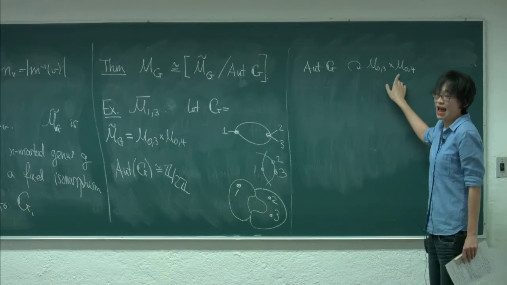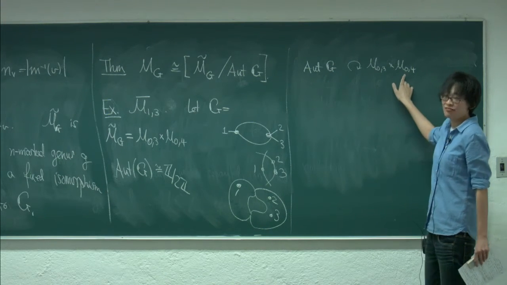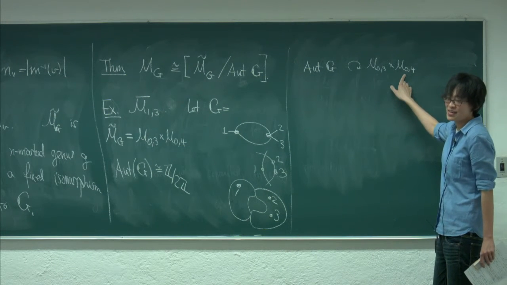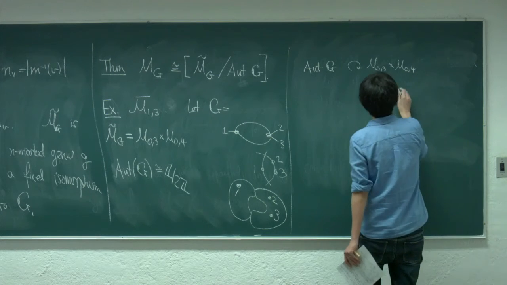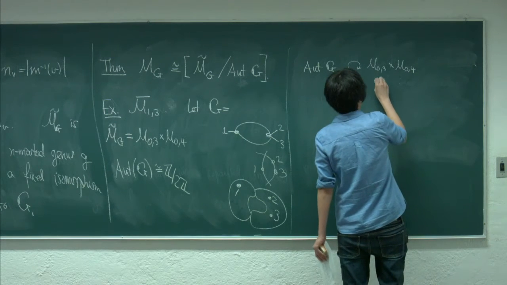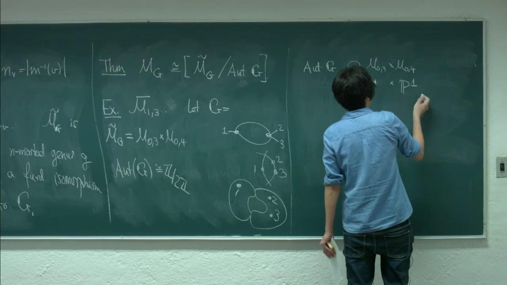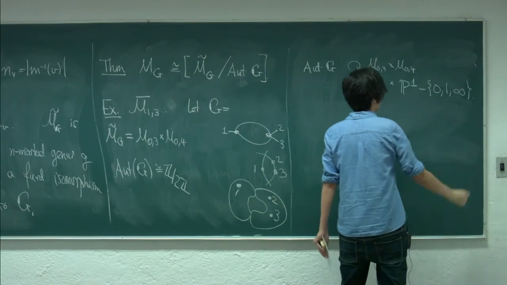So this is just a variety. This is a point. And this, after the usual projective changes of coordinates that take your first 3 points to 0, 1, and infinity, you can identify with, so this is a point cross P1 minus 0, 1, and infinity, for example.